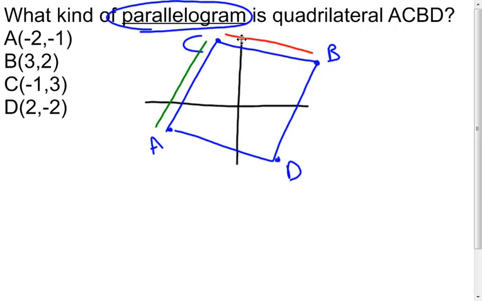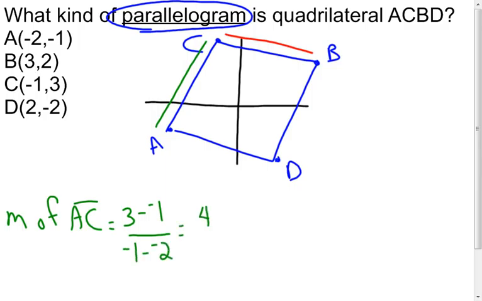So in this case, I only have to check the slopes of two sides. I'm going to start off with the slope of segment AC. I'm going to subtract my y values, so 3 minus negative 1, and then divide by my x values that I'm going to subtract, and I end up with 4 over 1, so a slope of 4.